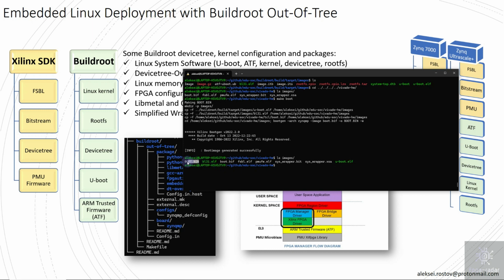So this file should be used along with image.itb. Image.itb is a binary file that comprises the image itself, the rootfs file system, and the device tree. So again, in order to run Linux on the target, two files are required: first the boot.bin, and second the image.itb in this educational package, of course.